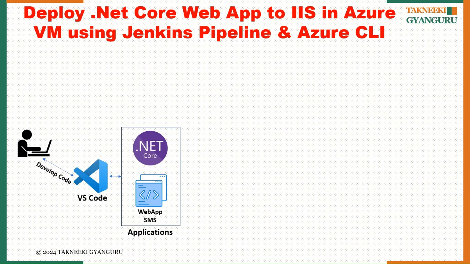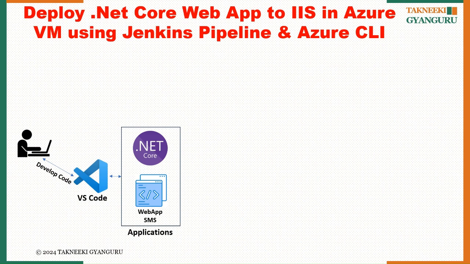All the development was done in the previous video. Only the deployment part to Azure VM remains. So today we will deploy our .NET Core web application to IIS in Azure VM using Jenkins pipeline and Azure CLI. This request was made by Dilip.